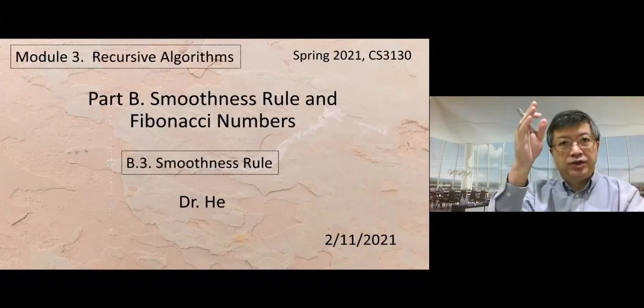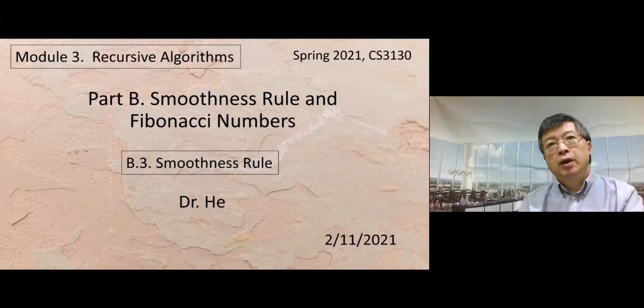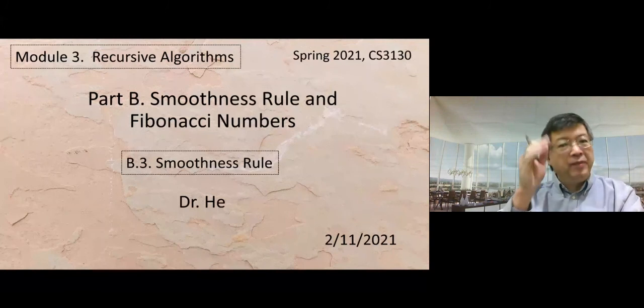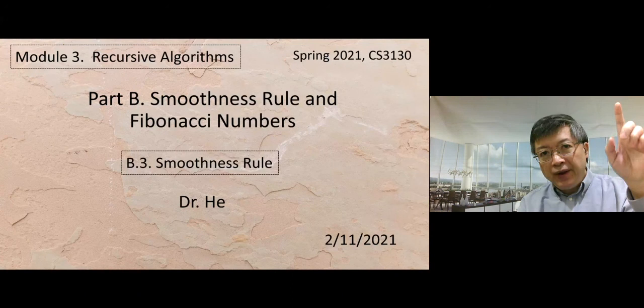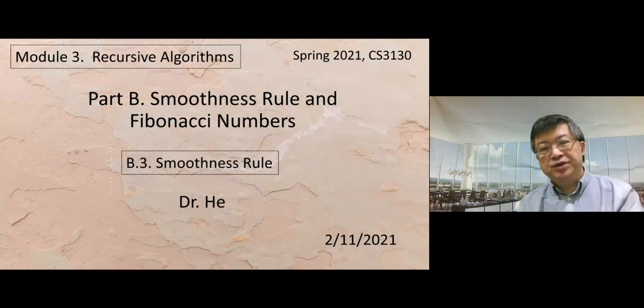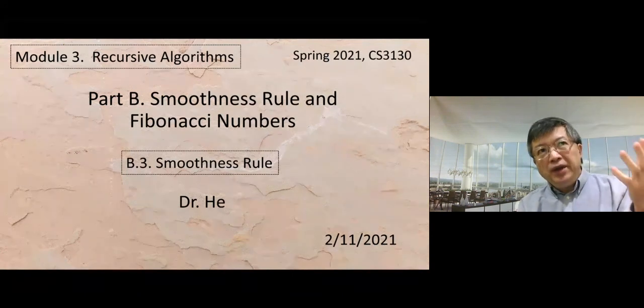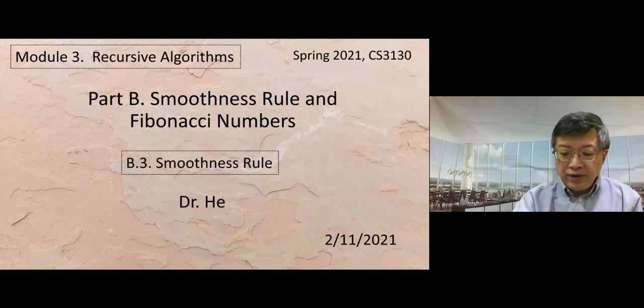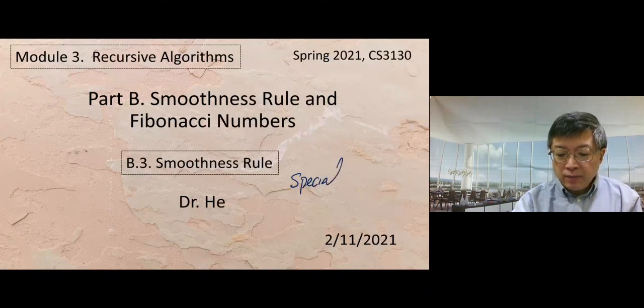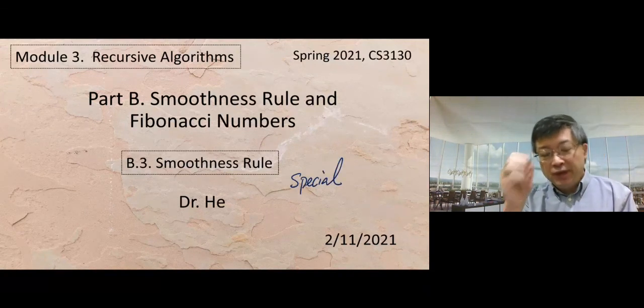B.3, smoothness rule. Why do we need to learn this topic? The reason is, if you look at the previous two videos, we did it this way. We start with a special case, and we find a solution.